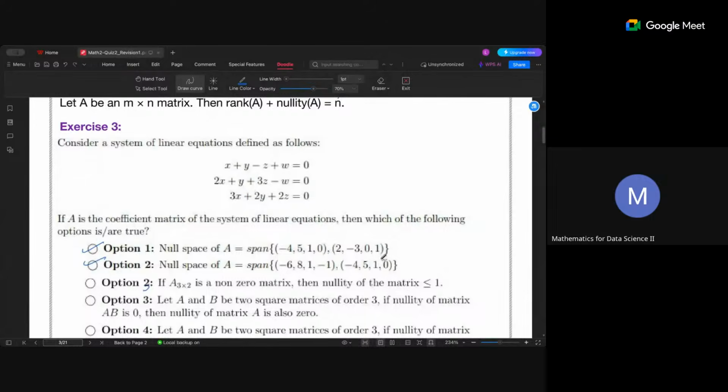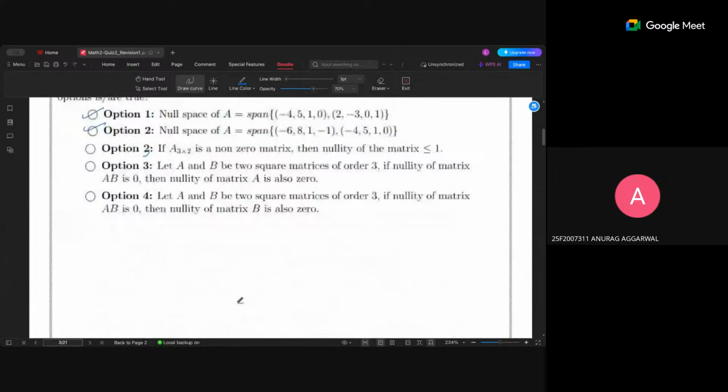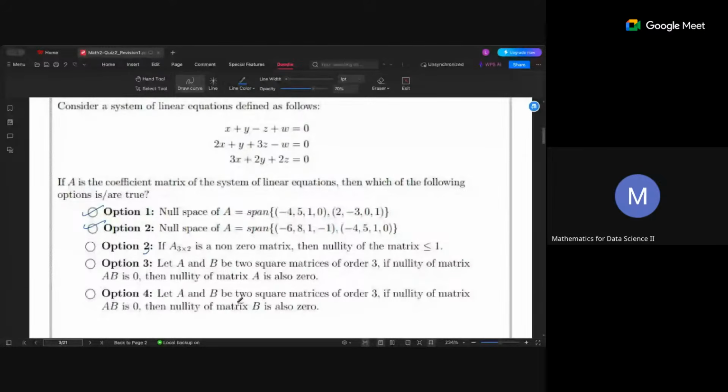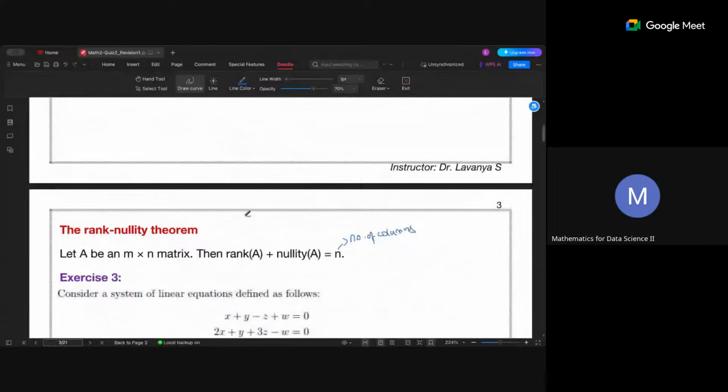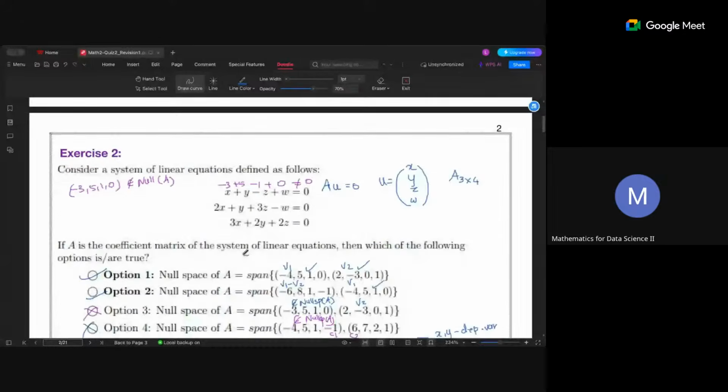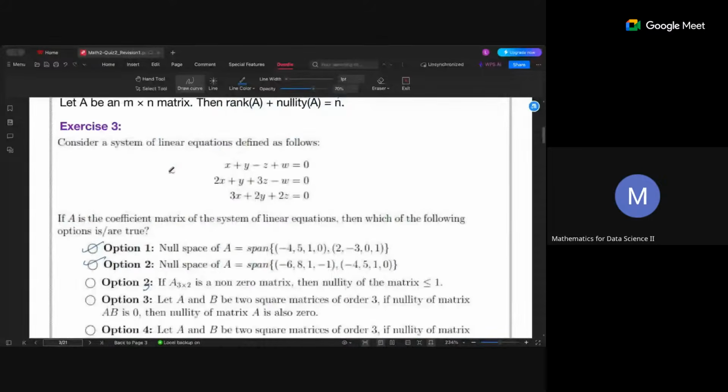Ma'am, rank will be maximum 2, no? Oh, I guess this is my mistake. When I was making this PDF, I put this question here by mistake. So let me write the question here.